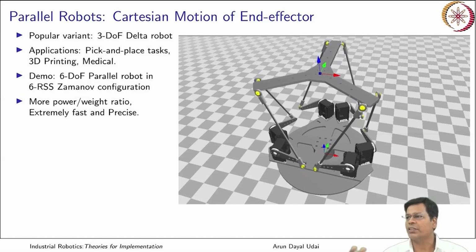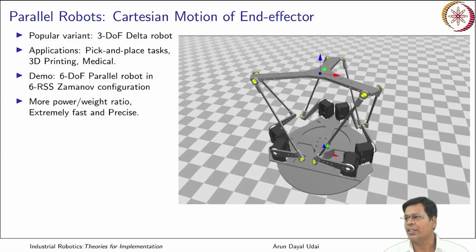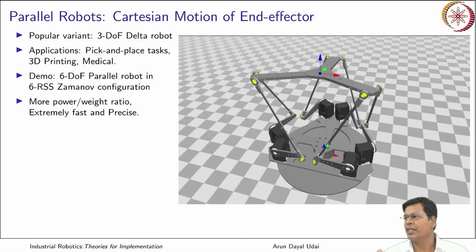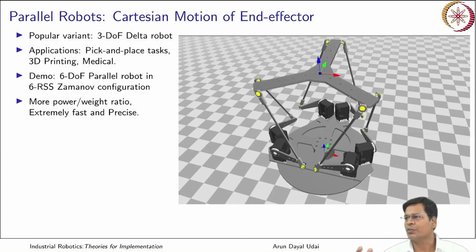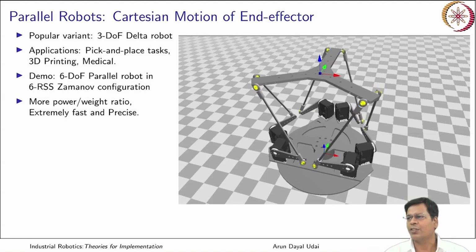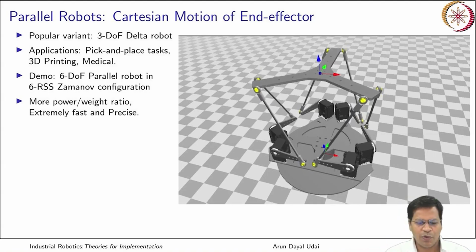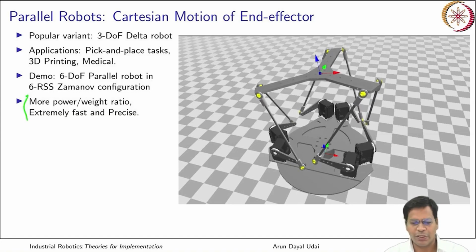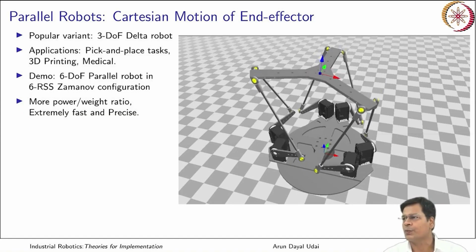That makes the whole structure very light. That is the reason it is very fast, and it doesn't have much inertia compared to serial robots. So they are very precise also. The fastest robots reported are parallel robots.